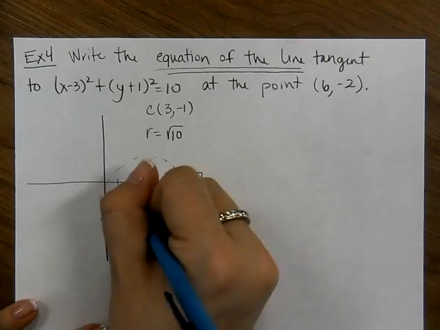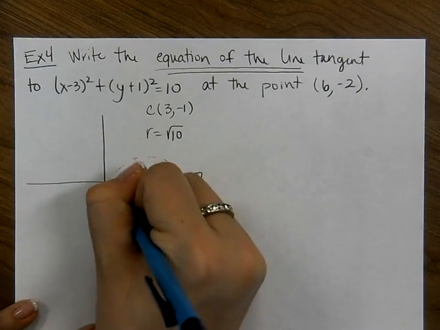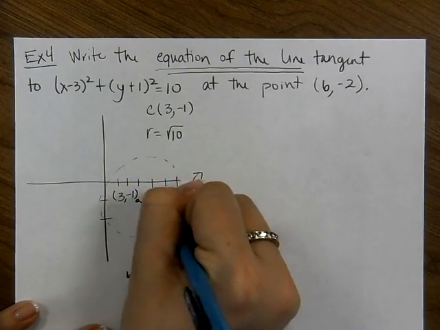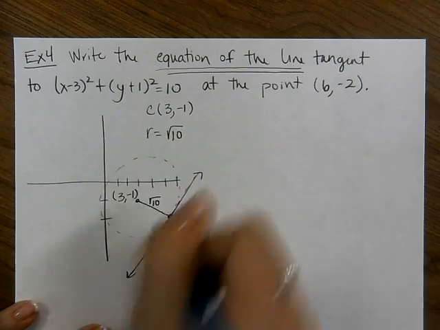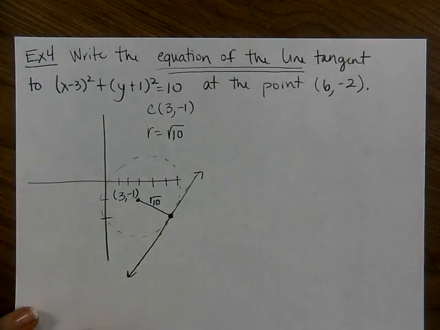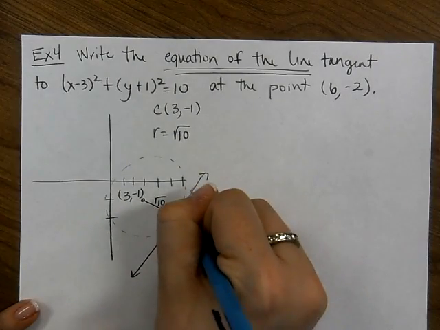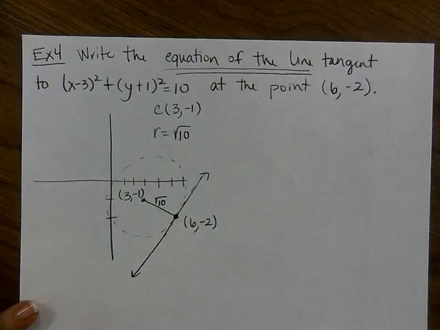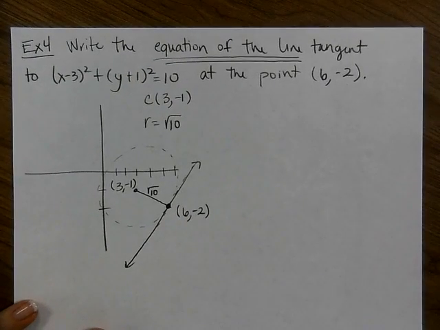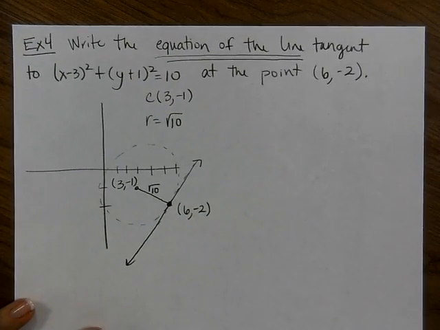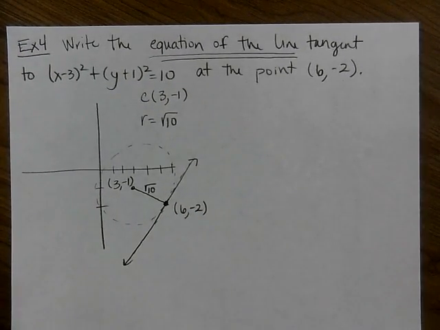Okay, now I know that the center is at 3, negative 1. I also know that this radius is the square root of 10. So the distance from the center to the line is the square root of 10. I also know that this point is 6, negative 2. Can you see all of that? Can you understand all of that? Are there questions?